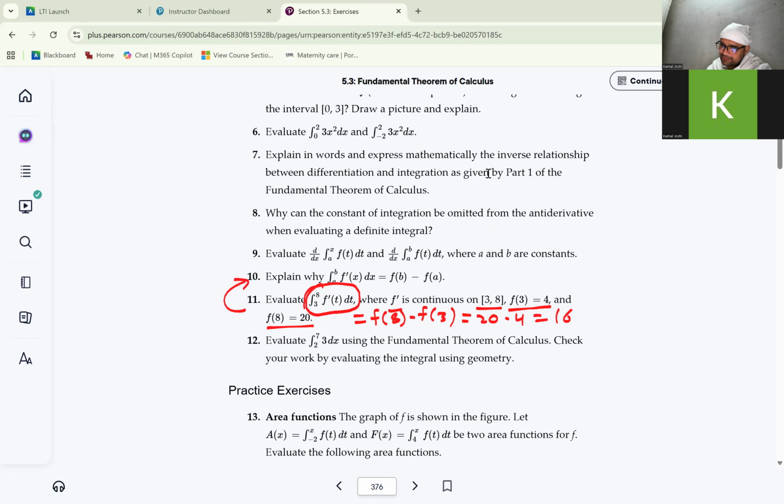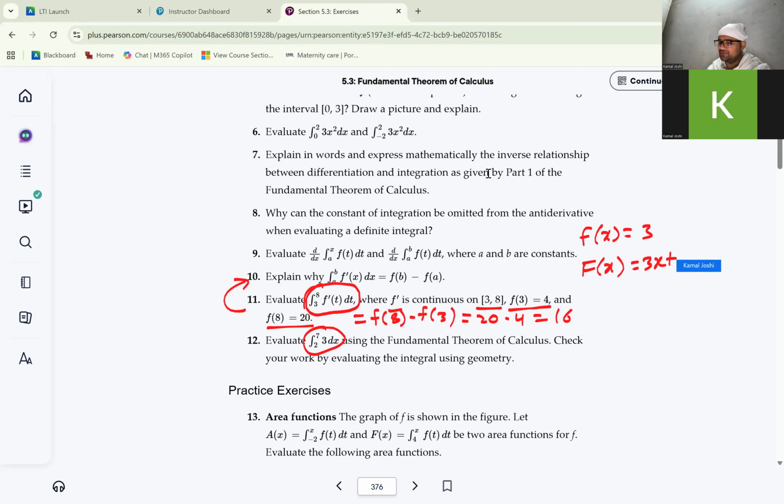Evaluate the integral from 2 to 7 of 3 dx. Here the function is a specific constant function, using the fundamental theorem of calculus. You need to think what is the function whose derivative is 3. If f of x is 3, what is the antiderivative? You'll obviously say 3x.